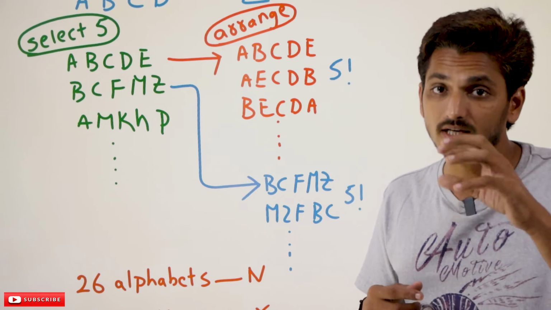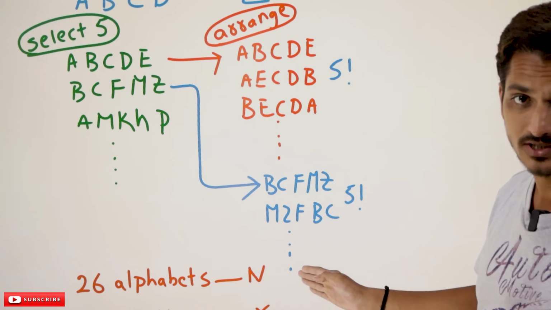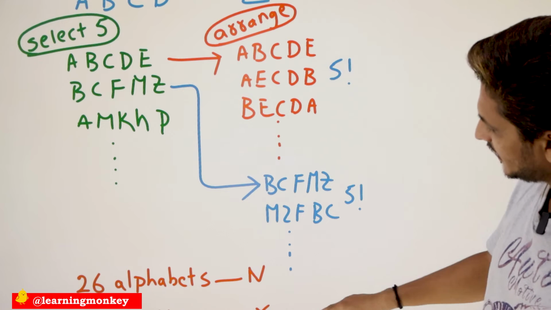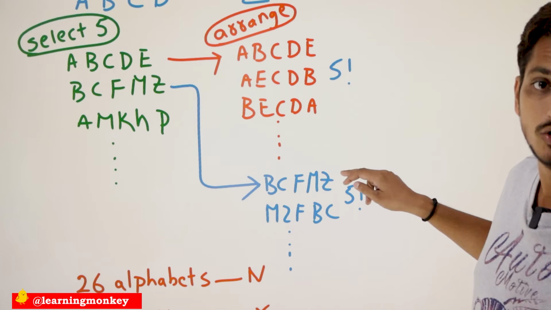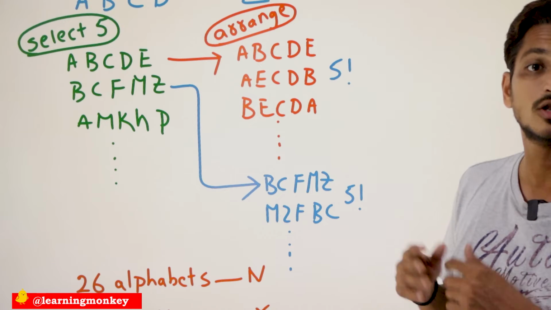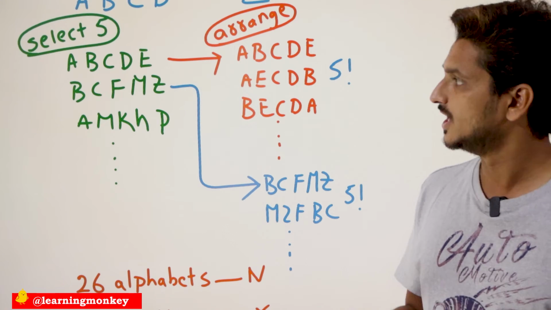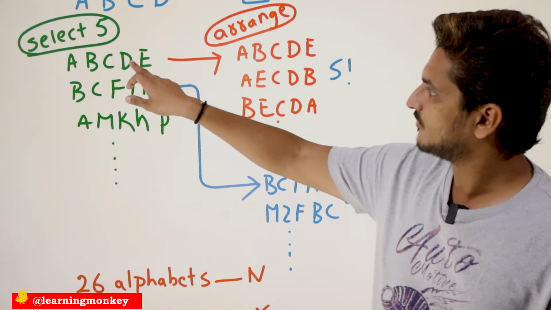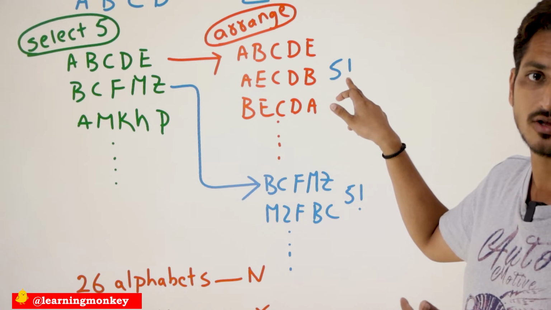How are we going to get the selections out of these arrangements? These are the list of arrangements we have, the total arrangements. From these total arrangements, you divide by 5 factorial. You are going to get selections. Yes, that is what division means. Why? Because for a single selection, how many ways are you going to arrange? 5 factorial ways.